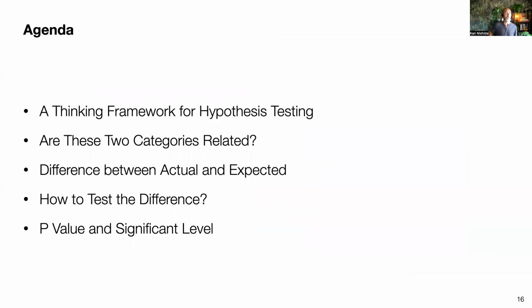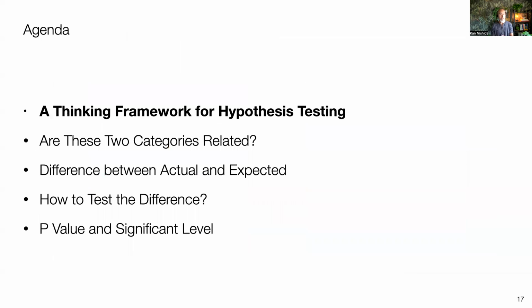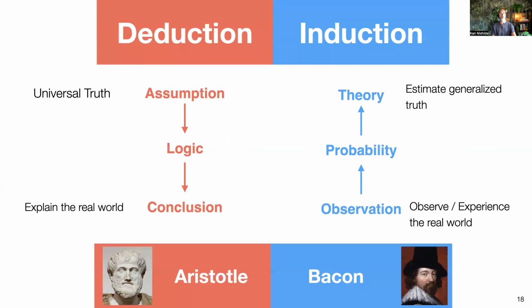And then let's start looking into what the whole chi-square test is. But before getting into the chi-square test, this is hypothesis testing, so I'd like to go over the thinking framework for hypothesis testing first, then go into the detail of the chi-square test. When you think about hypothesis testing, it's always helpful to think of two ways of thinking: one is deduction and the other is induction.